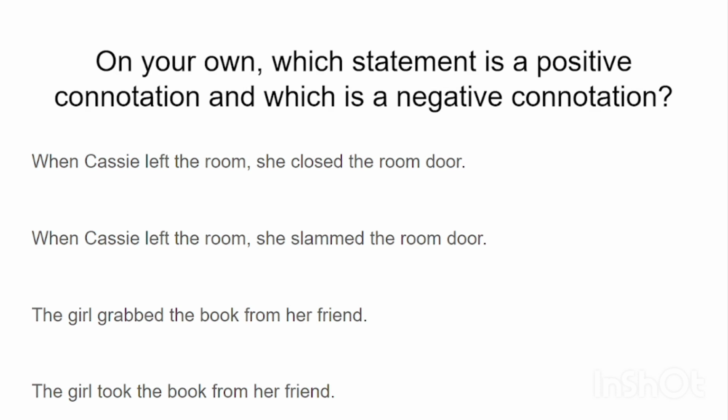Versus, when Cassie left the room, she slammed the room door. The other one: the girl grabbed the book from her friend. Versus, the girl took the book from her friend. So I want you to take a minute to figure out which would be a positive connotation and which would be a negative connotation.